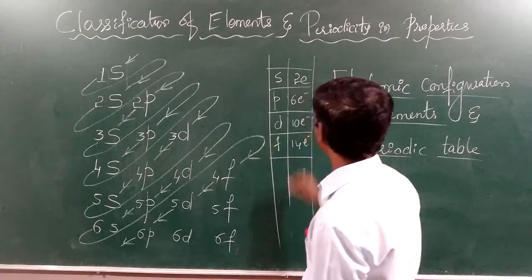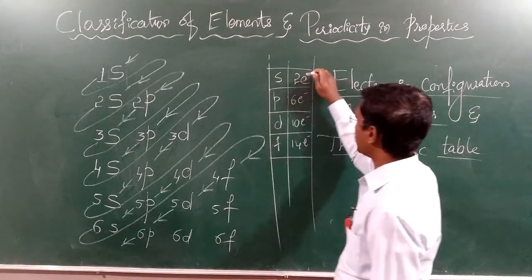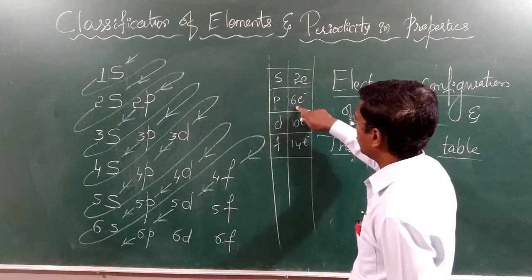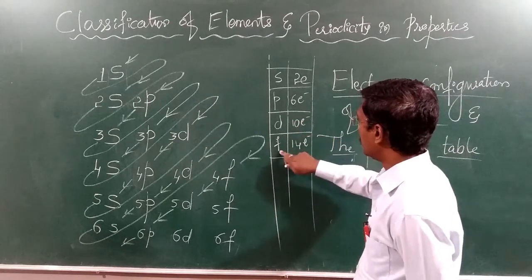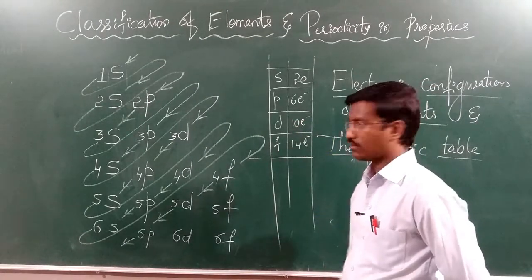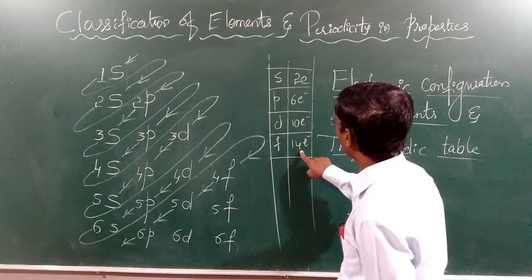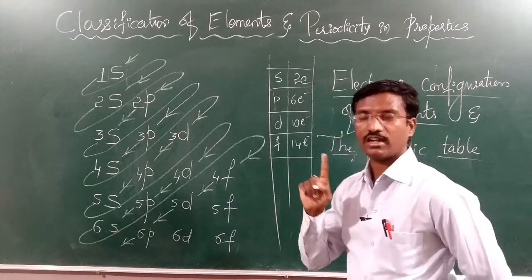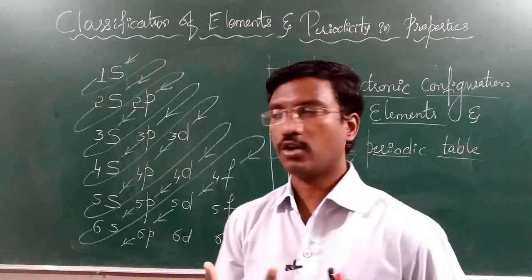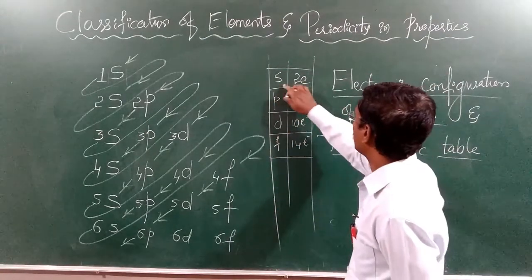Keep in your mind, this is the most important. In s maximum 2 electrons, in p maximum 6, in d maximum 10, in f maximum 14. You can't write more than 14 or more than 10 here. The minimum you can write is at least one, or you can say 0 also, but maximum 2 electrons.